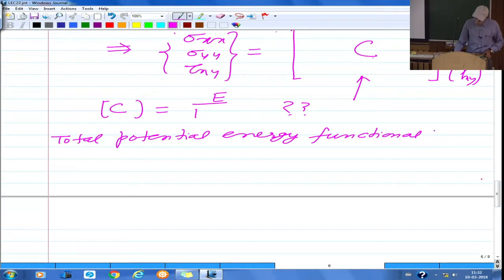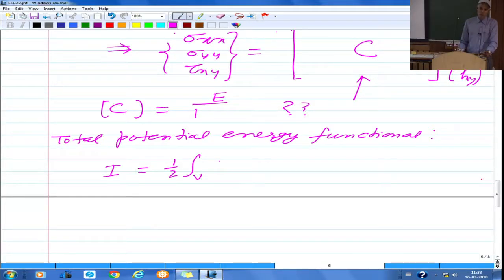So if I want to write the total potential energy functional, let us say I. What will this consist of? Total potential energy functional in a solid mechanics problem? Strain energy. Strain energy is going to be half integration over volume of sigma xx epsilon xx plus sigma yy into epsilon yy plus tau xy into gamma xy.